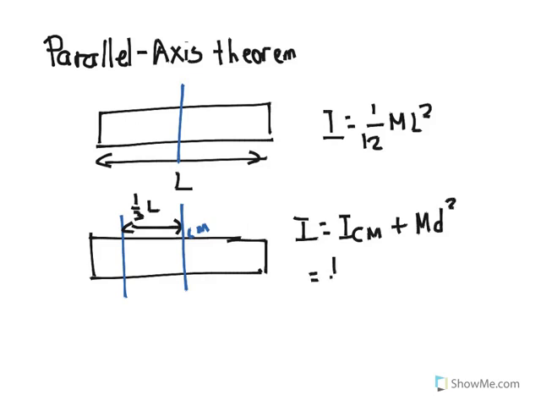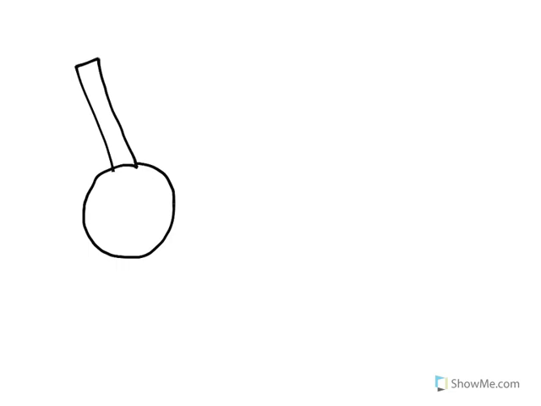So in this case, this is 1/12 of mass times length squared plus mass times 1/3 of length squared. So this distance is the distance from the center of mass to the place of the new axis of rotation. This is relevant because if you have a pendulum, it is very important to state where the pivot is.